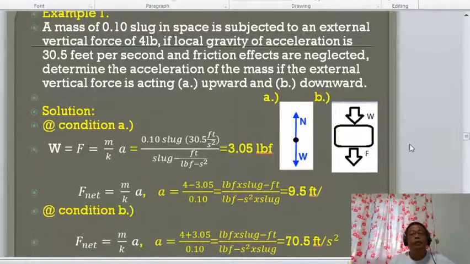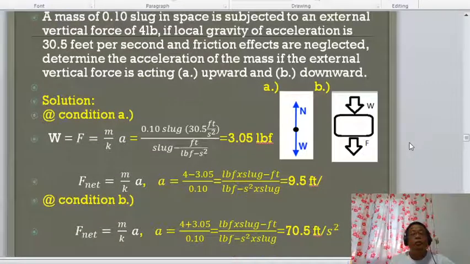Same as for the condition at B. So, the condition of B is that the force and the weight are in the same direction, that is downward.